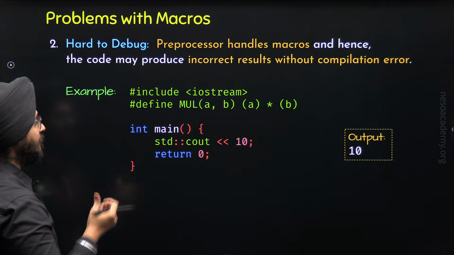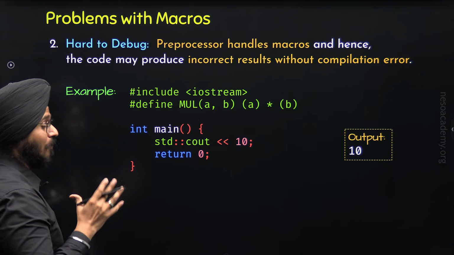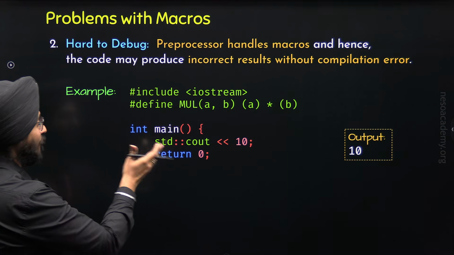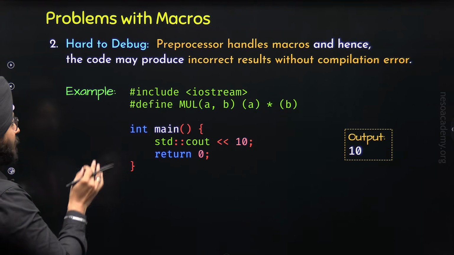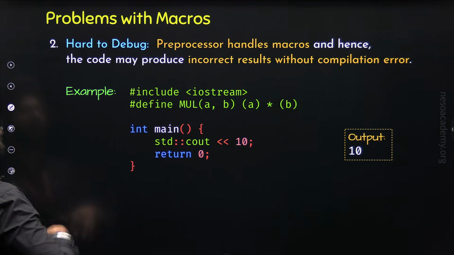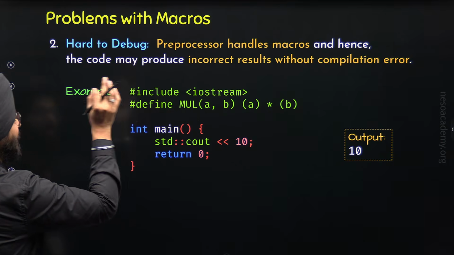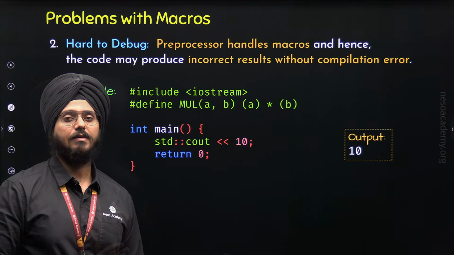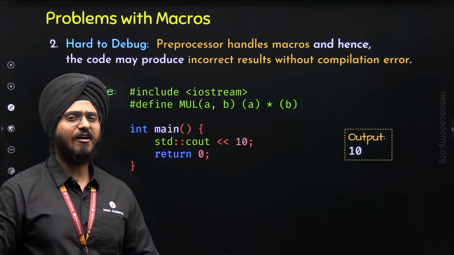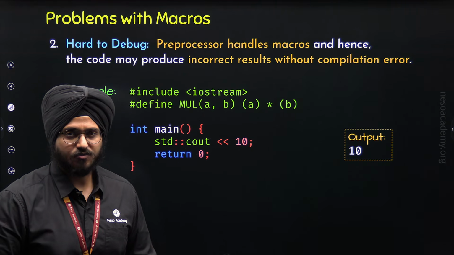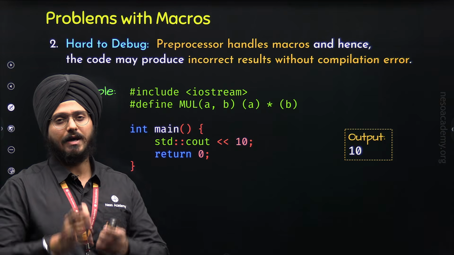So in this way, we have debugged the code. But for a beginner, it is not easy to debug such type of code. This is the reason why if we use macros in the code, it is quite hard to debug the code. In modern C++, we have various other methods in place of using macros. We have better alternatives to macros.